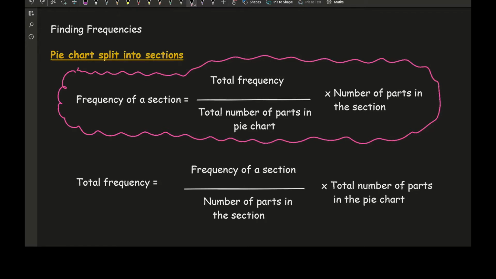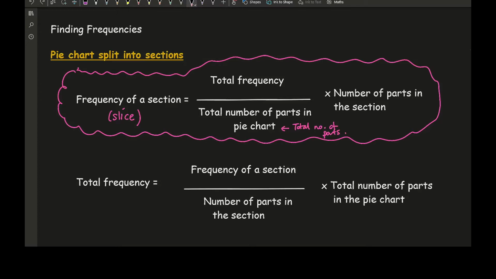So here, to work out the frequency of a particular section or a slice, let's say, it's not very mathematical, but it's probably how you're more likely to remember it: it's the total frequency divided by the total number of parts in the pie chart. So this is the total number of sections. What you're actually doing is finding out what the quantity of one part is.